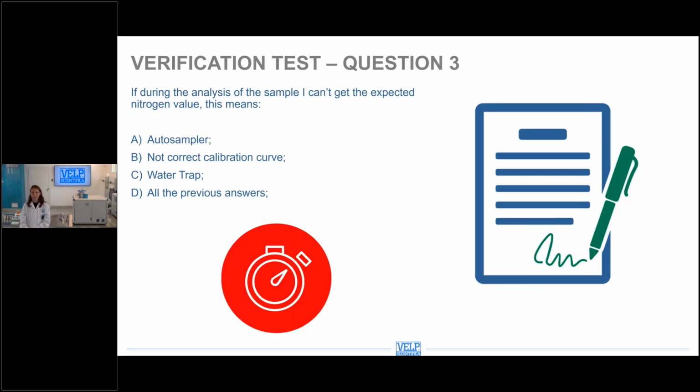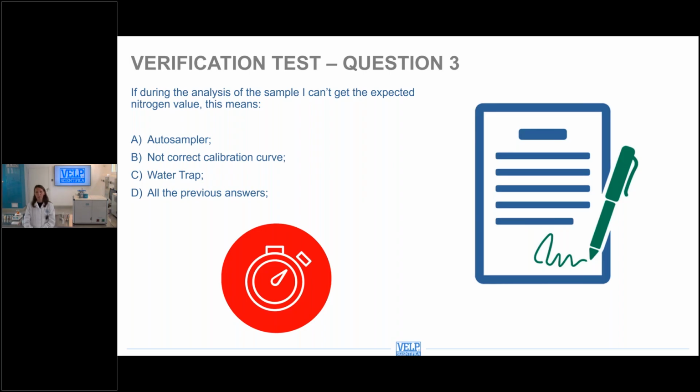So if during the analysis of the sample I can't get the expected nitrogen value, this can be due to the autosampler, or not correct calibration curve, to the water trap, or all the previous answers. So it's very important to obtain the expected nitrogen value when we analyze a sample. So as Matteo told you, we have to take care of different aspects. And one of these aspects is in these answers.